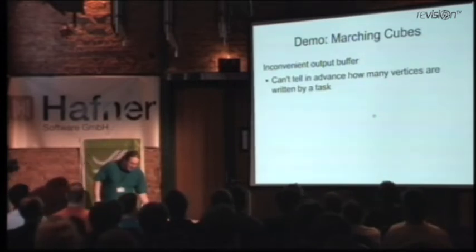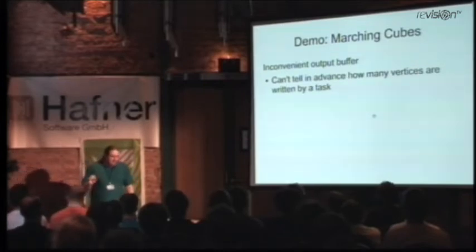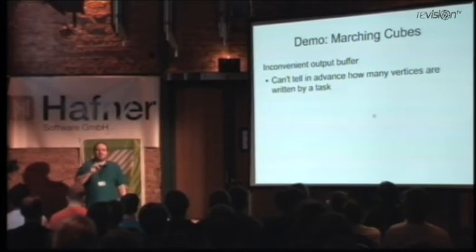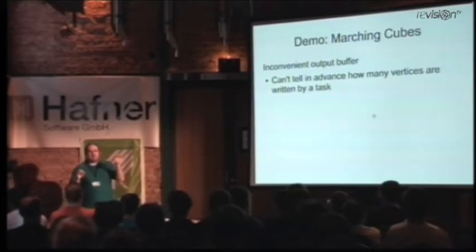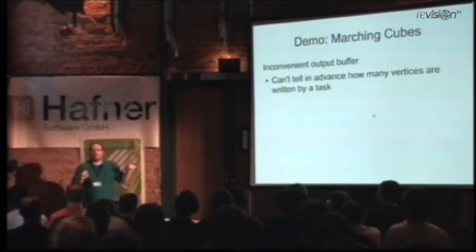We can't do it with a single vertex buffer, but we can do it if we have a vertex buffer for each thread. Then each task can just append to the thread's vertex buffer, and in the end we have only one vertex buffer per thread, which is okay.